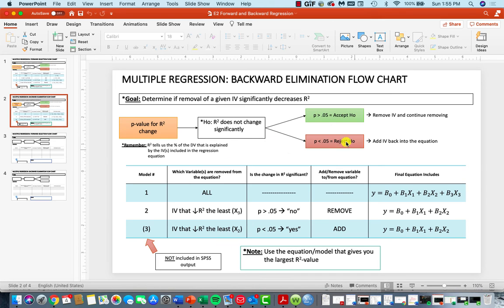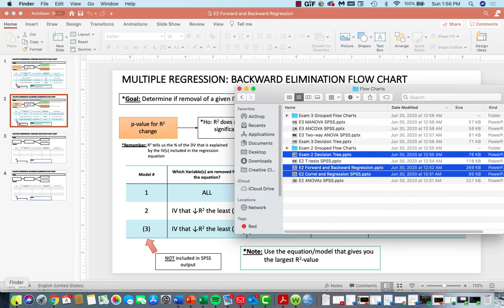So I would highly recommend going through these for practice, and then also using the flowcharts that you've made, or the flowcharts that I've provided for you to figure out how to read your outputs if you get stuck or if verbal instructions aren't enough.